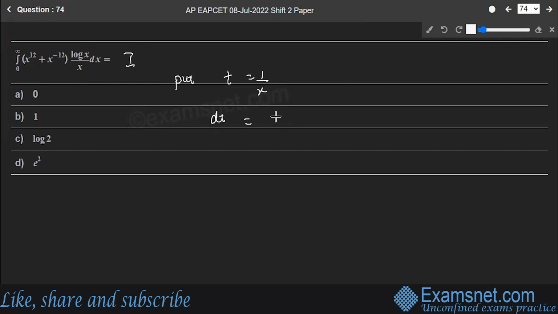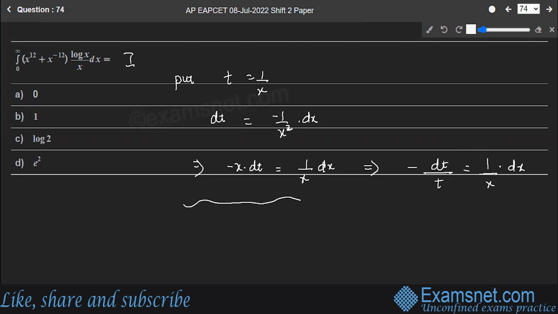So dt will be given by minus 1 upon x square into dx. Right? So I can also write it as minus x into dt is equal to 1 by x dx. This can also be written as minus dt upon t is equal to 1 by x into dx.